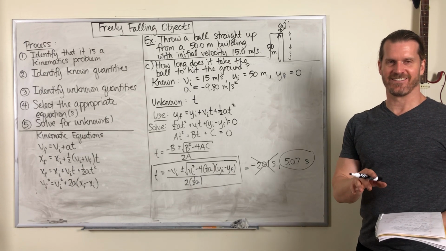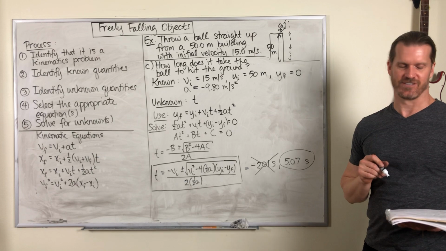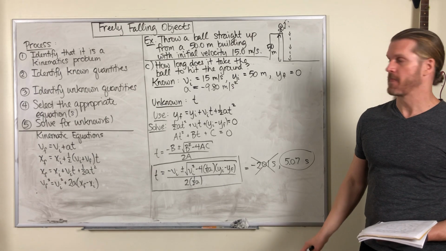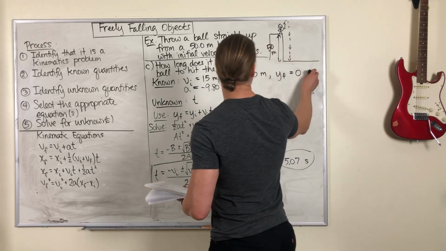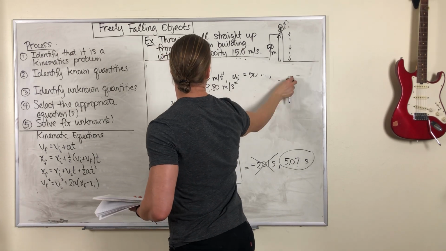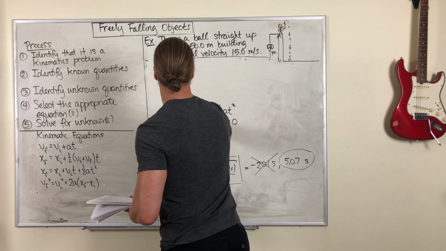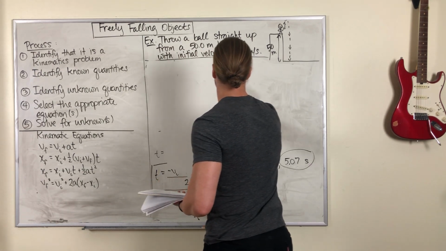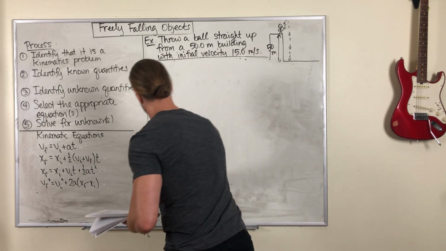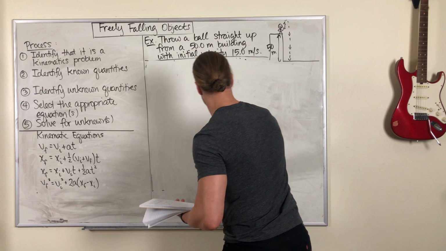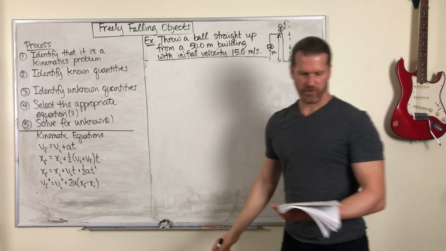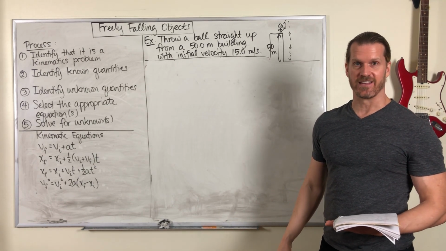Now we're not done yet. I'm going to ask one more question about the situation. This last question is easy. Part C was the hard one. Last question: what is the ball's velocity when it hits the ground?